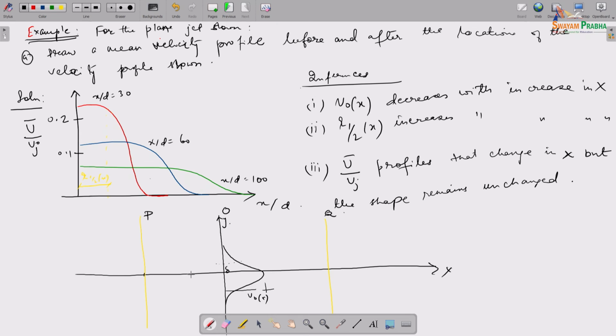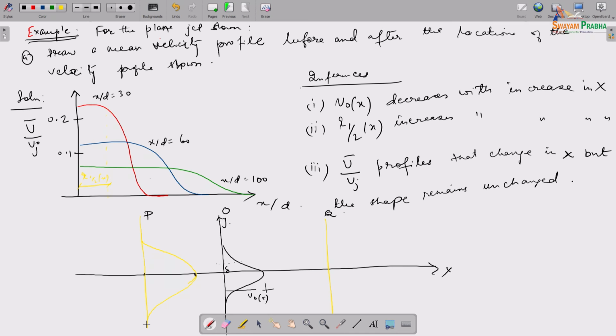So let's just draw a plot like that. Okay, so this is the profile at P.